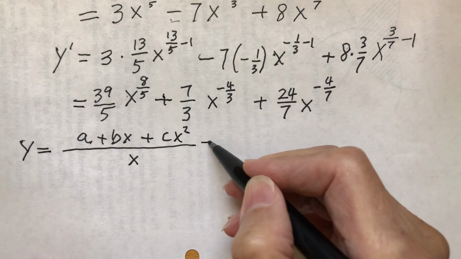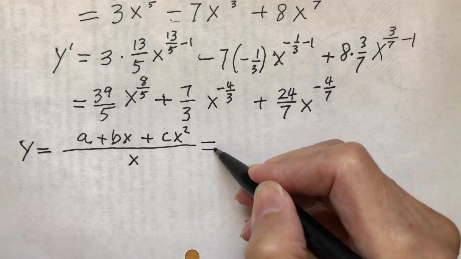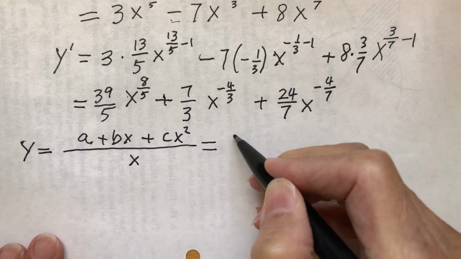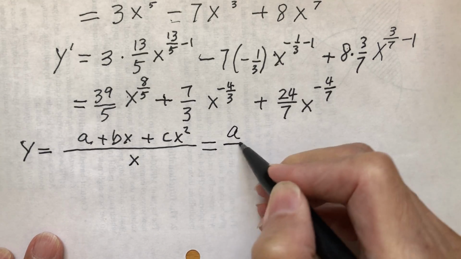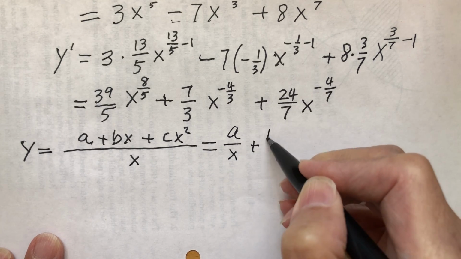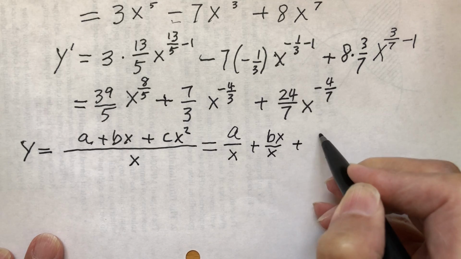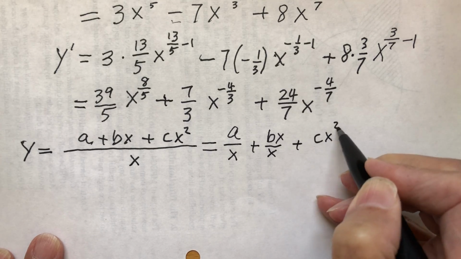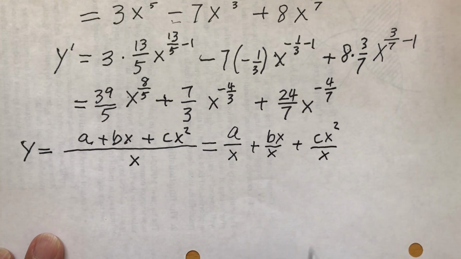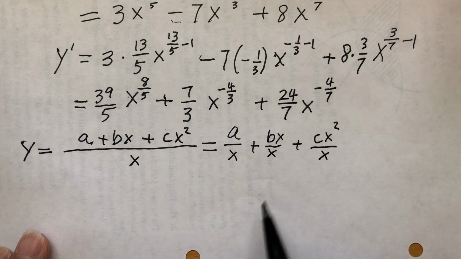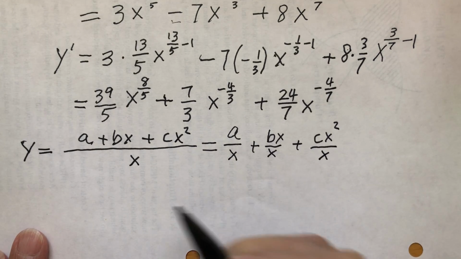So I can continue my equal sign. So I write this, I break this into 3 fractions. Then I simplify my 3 fractions.